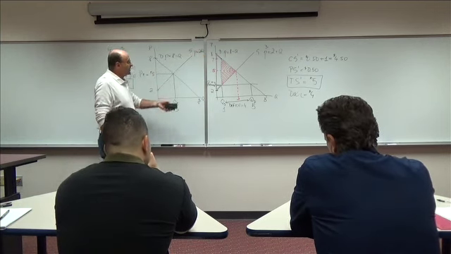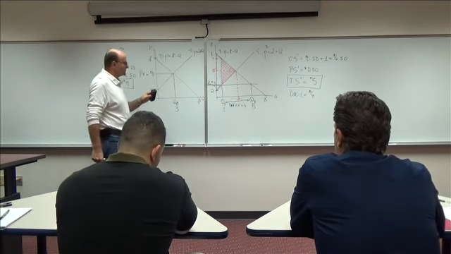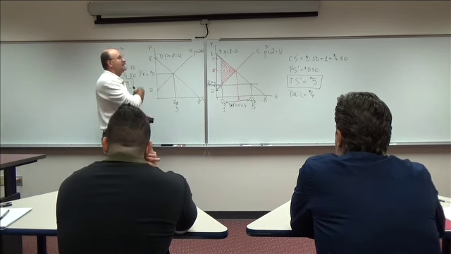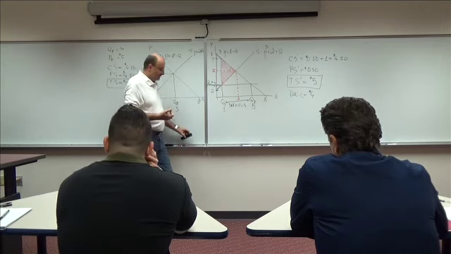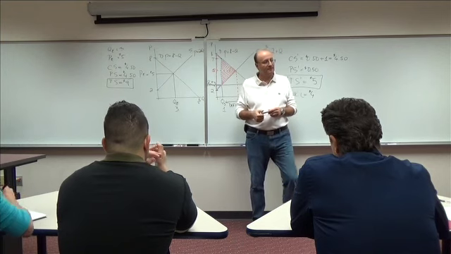Let me erase this picture and let me now introduce the second variant of this policy, and that is price floor. What do you think price floor is going to be?